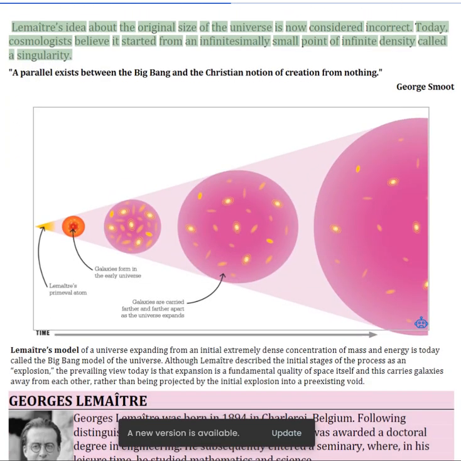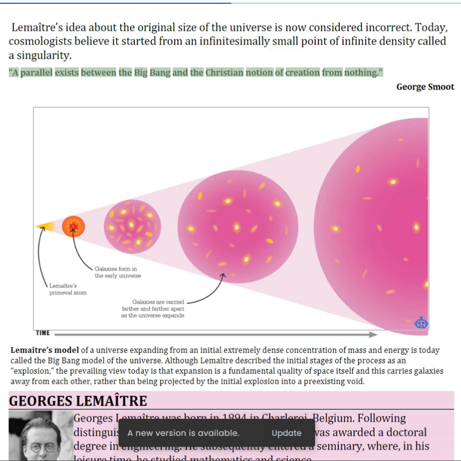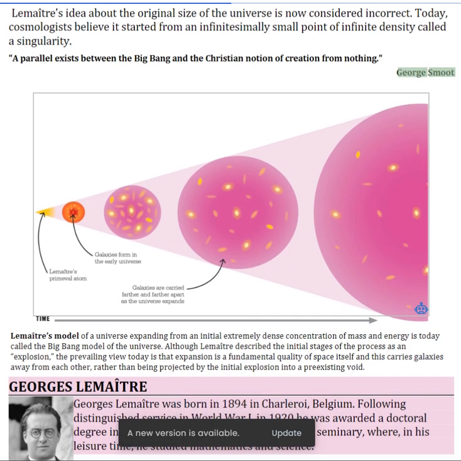Lemaitre's idea about the original size of the universe is now considered incorrect. Today, cosmologists believe it started from an infinitesimally small point of infinite density called a singularity. A parallel exists between the Big Bang and the Christian notion of creation from nothing. George Smoot.